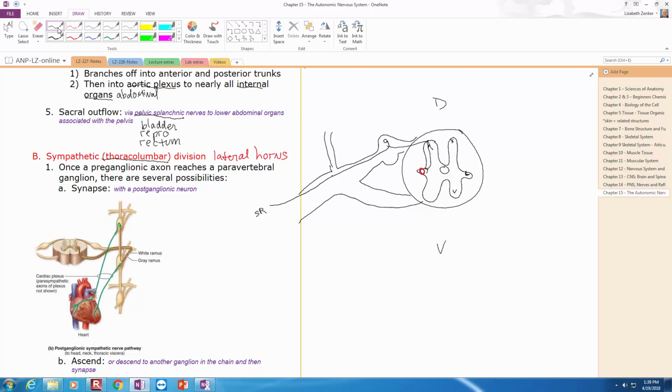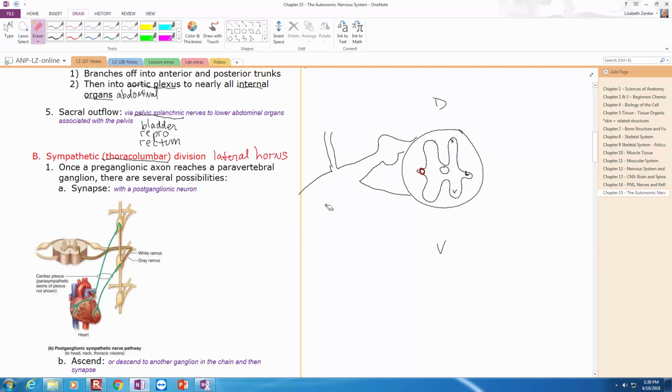Once a preganglionic axon reaches the paravertebral ganglion, there are several possibilities. So we're going to add to our picture here. Let me erase this guy for a second. All right, and we're going to add to the picture.